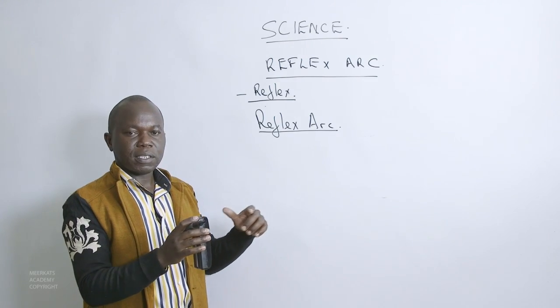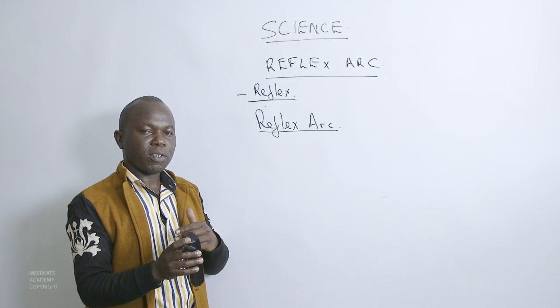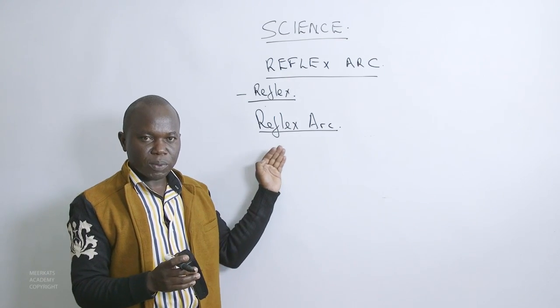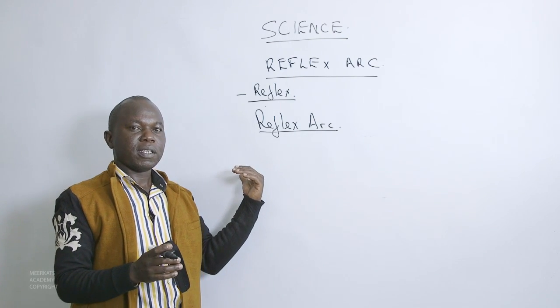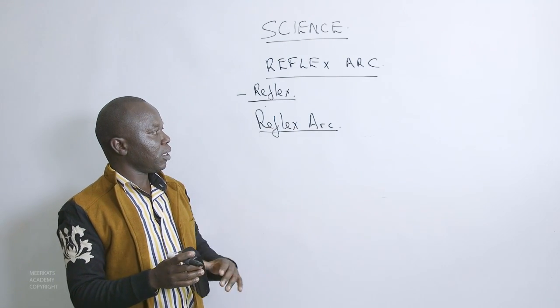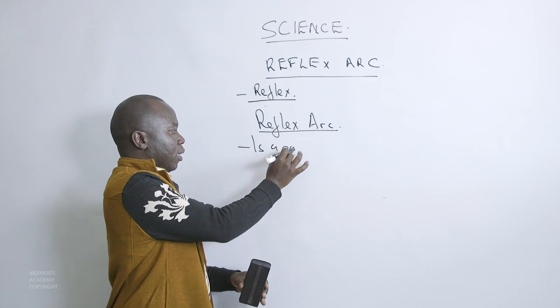And you realize that the 3 neurons are linked either in the spinal cord or in the brain. So that pathway through which the nerve impulse goes from the receptors to the effectors is what we call the reflex arc. It is a pathway.